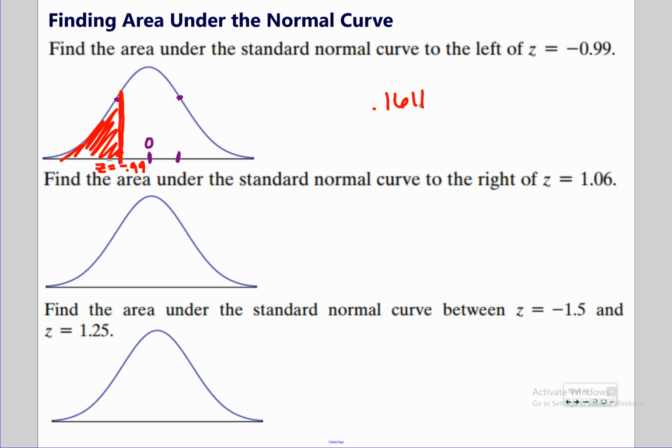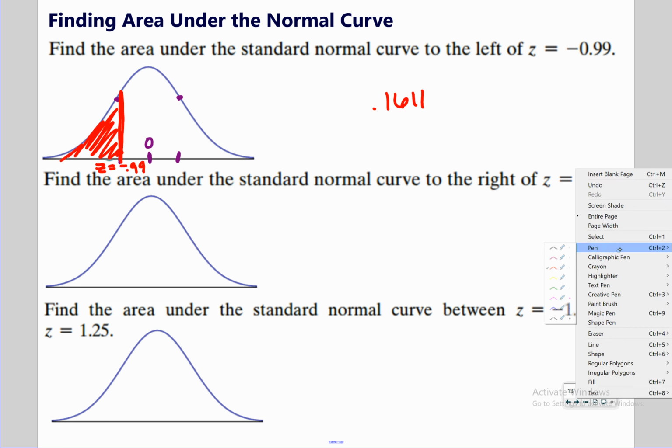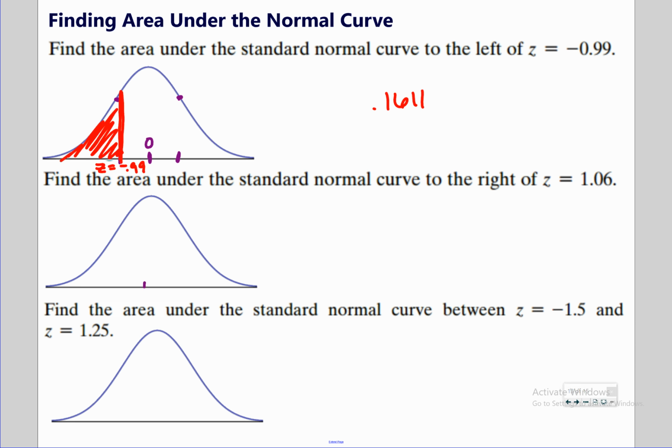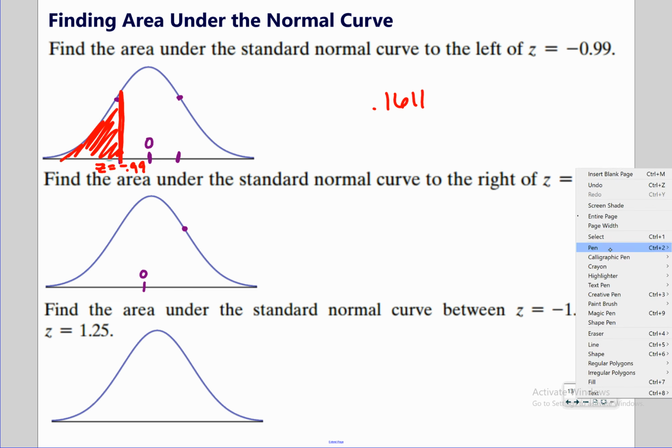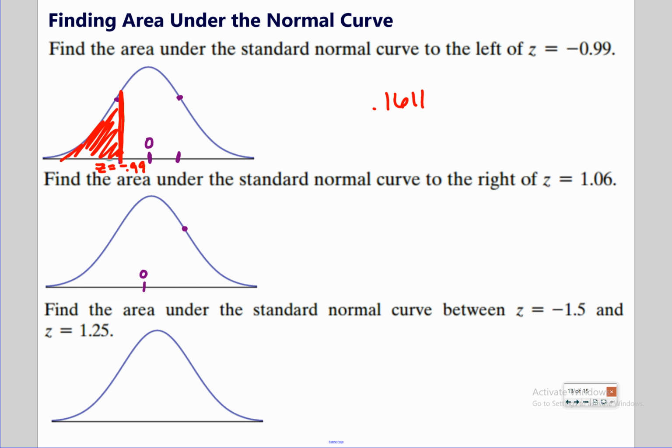Okay. Let's say I want to find the area under the curve that's to the right of 1.06. Okay, so do your best again to sketch this. We know 0 is in the middle. We know 1 would be where my inflection point is to the right. 1.06 is just going to be a little bit higher than that. Like right there, okay?